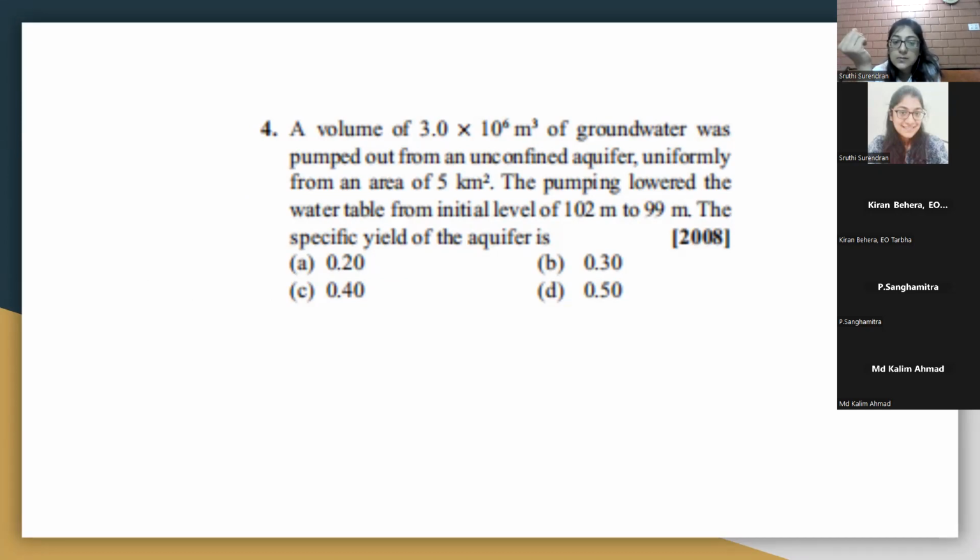So we learned that the specific yield of the aquifer is the volume of the water that can be taken out under the influence of gravity per unit volume of the aquifer. They're asking for the specific yield of the aquifer. So we need the volume of water and volume of the aquifer.